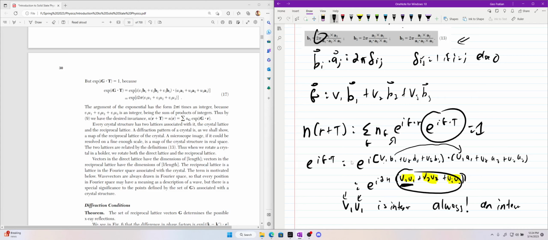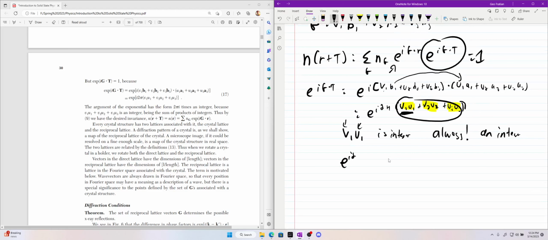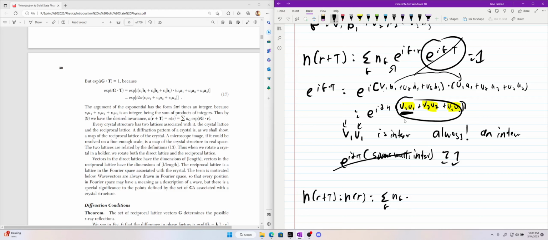So I have e to the i 2 pi times some wacky integer. Therefore, this is just 1, right? So we can just cross that off and say n of r plus T equals n of r, which is just the sum over G of n of G e to the i G dot r. See that?